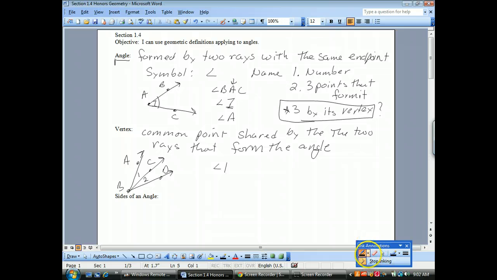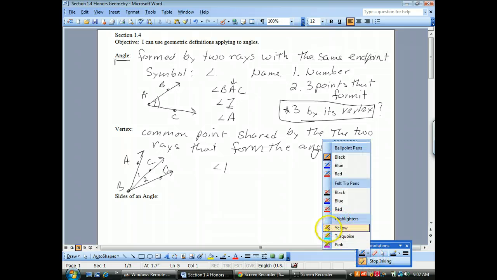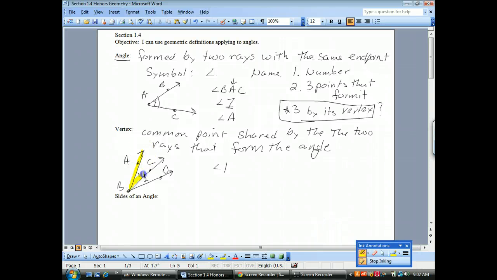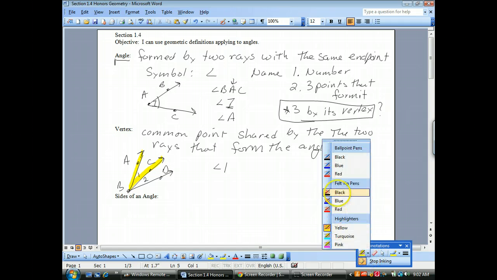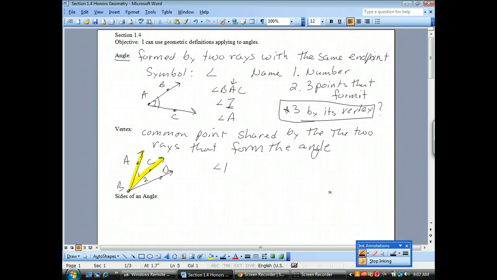In that case, if I'm talking about angle 1, I am talking about this angle formed by ray BA and ray BC. I could also talk about angle 2. I could talk about angle ABC, which is another name for angle 1, or I could talk about angle CBD, which is another name for angle 2. But I could also talk about angle ABD.